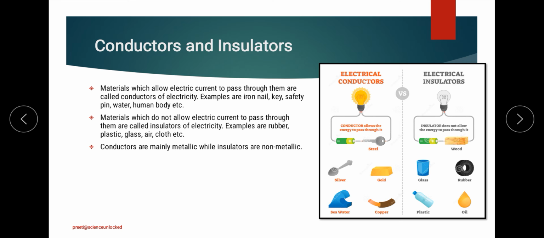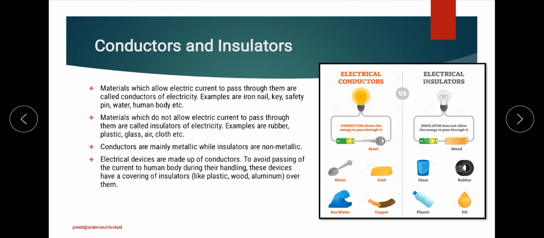Many times there are electrical devices which are made up of conductors only, so we have to make sure that they do not harm humans while using those appliances.